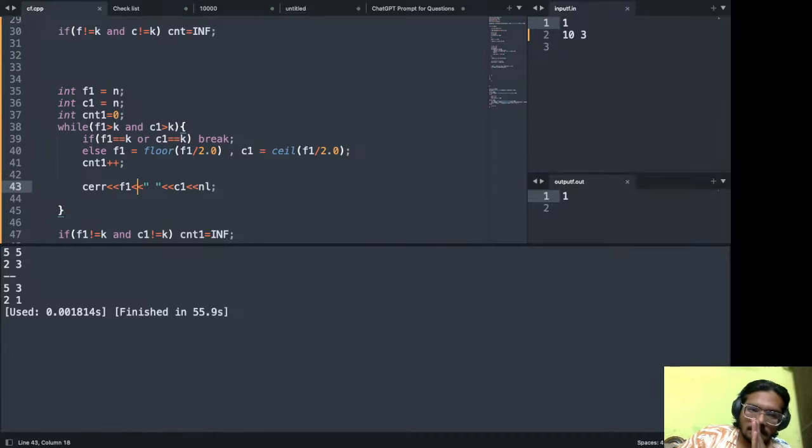Okay. ठीक है, 10 divide किए. It was 10. 10 is not equal to k. Else.